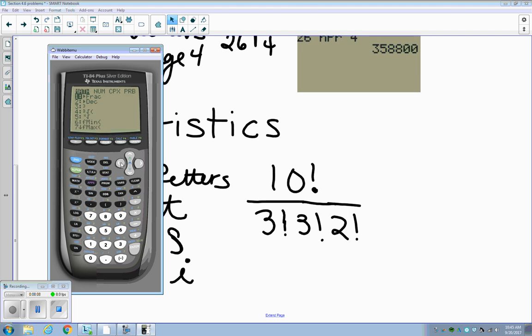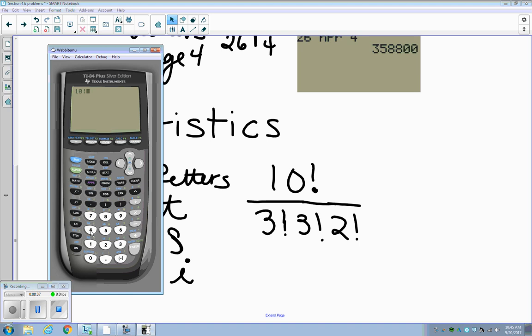I'm going to go over to probability menu, and I'm going to choose number 4 for factorial. Now, this says divide by all of these things multiplied together. If you punch in your calculator 10 factorial divided by 3 factorial times 3 factorial times 2 factorial, that is not what that says.